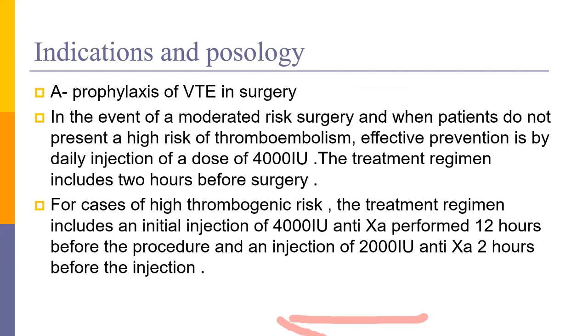Then for cases of high thrombogenic risk, the treatment regimen includes an initial injection of 4,000 international units anti-factor Xa performed 12 hours before the procedure, and an injection of 2,000 international units anti-factor Xa 2 hours before the procedure.